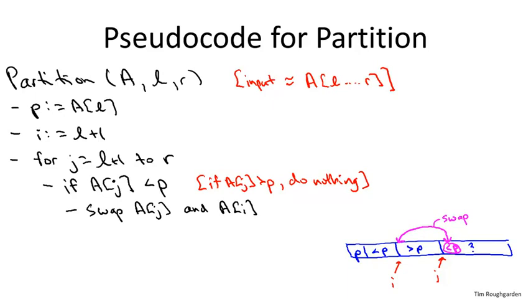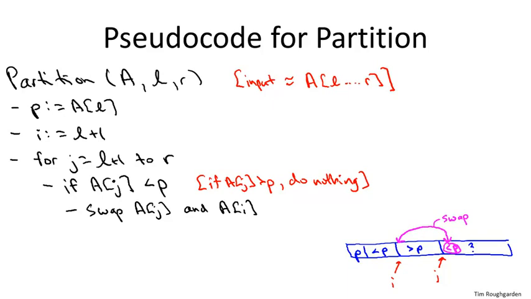So you can imagine a different implementation of this where you actually keep track of whether or not that's happened to avoid the redundant swaps. I'm just going to give you the simple pseudocode. And again, for intuition, you want to think about the case just like in the picture here in blue, where we've already seen some elements that are bigger than the pivot, and the next newly seen element is less than the pivot. That's really the key case here.